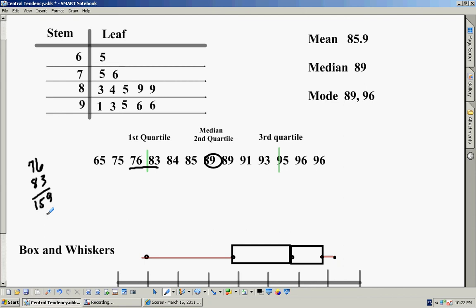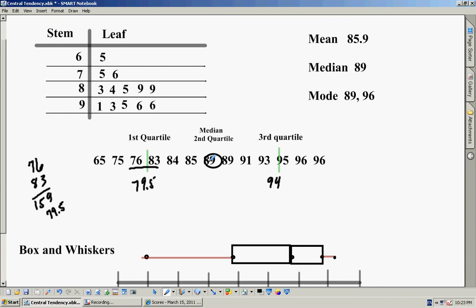Half of that is going to be, I think, 79.5. So 79.5. And then the half of this is 94. So your first quartile is 79.5.